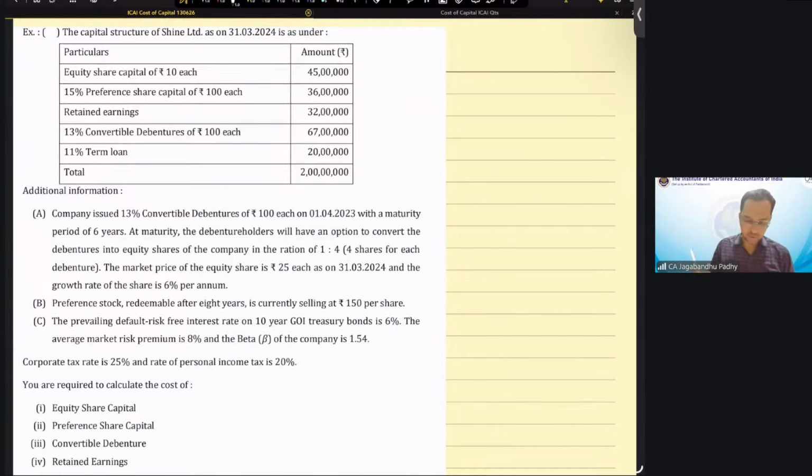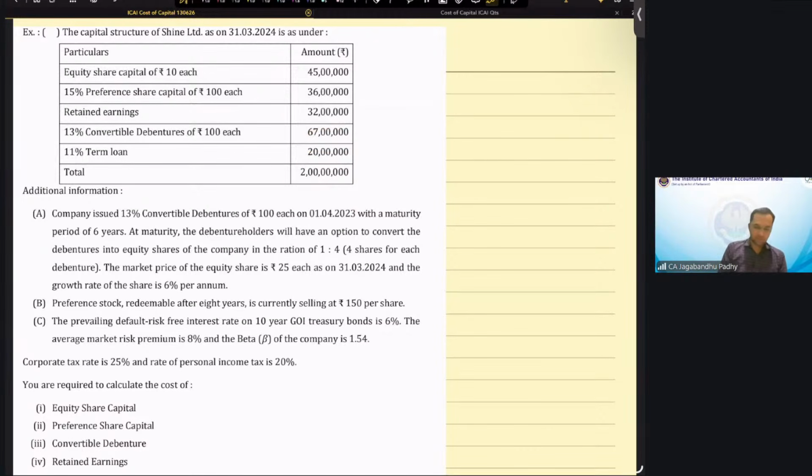The capital structure of Shine Limited as on 31st March 2024 is as follows. We have share capital, 15% preference share, retained earnings 32 lakh, 13% convertible debentures, 11% term loan. Total 2 crore is the capital.